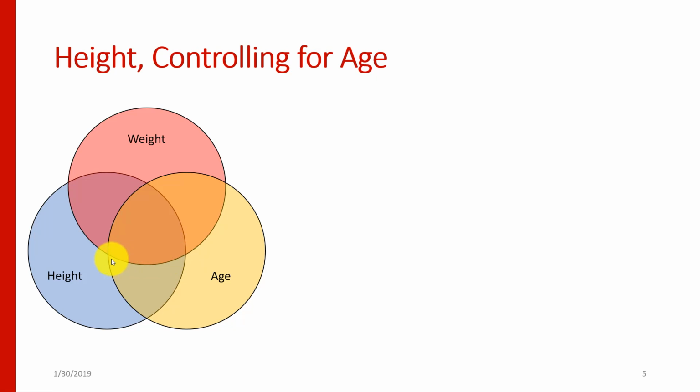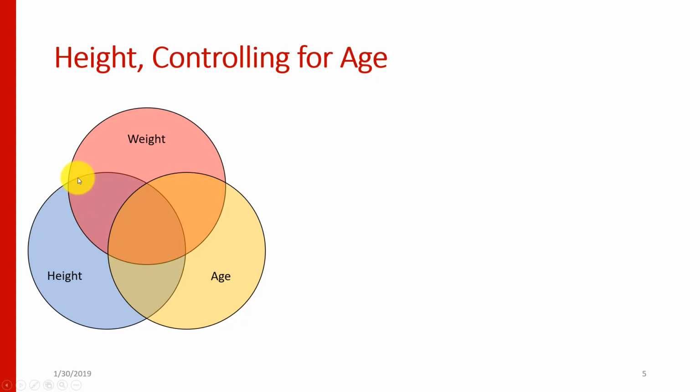So we have to come to some sort of method of handling that shared variance. And in multiple regression, what we're usually going to be doing is excluding that shared variance first. That way we can just look at the part of height and weight that is independent of age. So ignoring this area here, how much of height and weight overlap with each other.